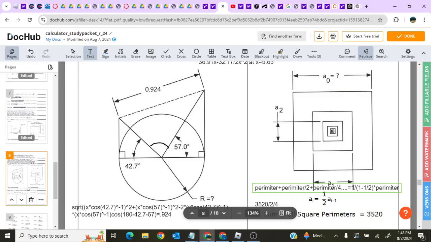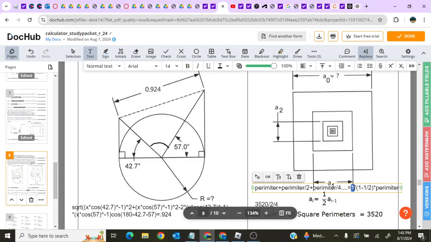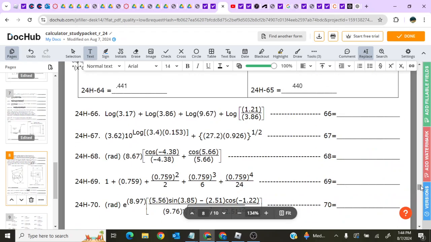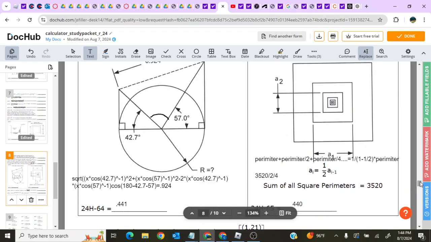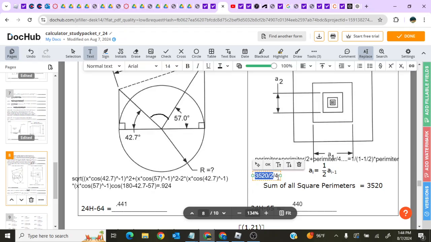The sum of the geometric series is your starting value over 1 minus your ratio. In other words, you're multiplying by 2 times the starting perimeter. Well, that means that 2 times the starting perimeter is 3,520. Your starting perimeter is that value divided by 2. Then you divide by 4 to get one side.